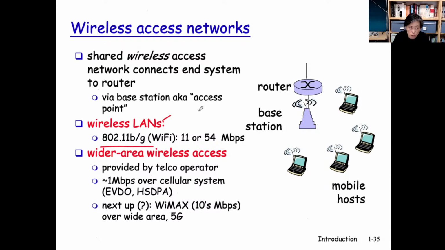The bandwidth with Wi-Fi generation 4 is already close to 400 megabits per second, and the frequency band is no longer just 2.4 gigahertz, but also the 5 gigahertz band. That's why when you purchase a new Wi-Fi AP, a lot of times when you set it up, you see two channels, one for 2.4 gigahertz, the other for the 5 gigahertz.